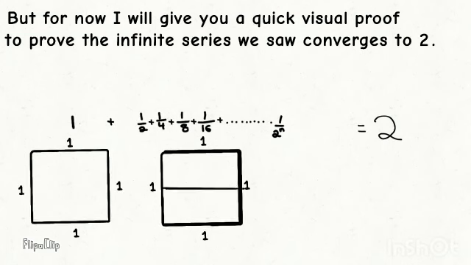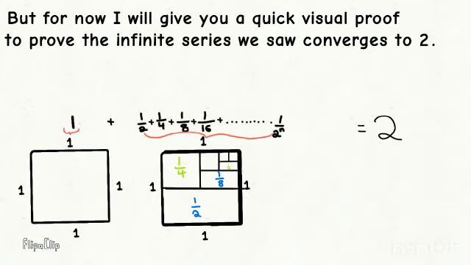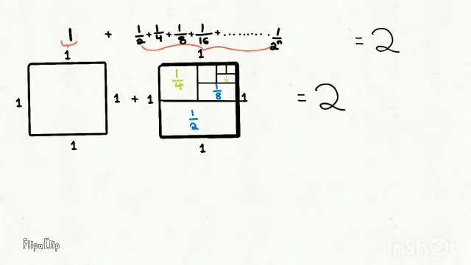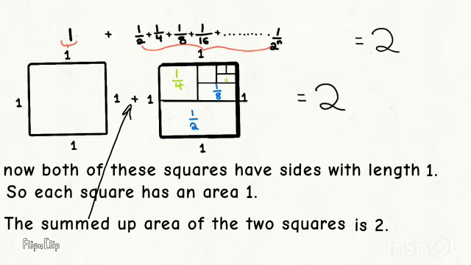Now we can split any of these squares to represent the sequence 1/2, 1/4 and on, and as you can see, the second square represents the orange highlighted part of the sequence. Both of these squares have side length 1, so each square has an area of 1. The summed up area of the two squares is 2.